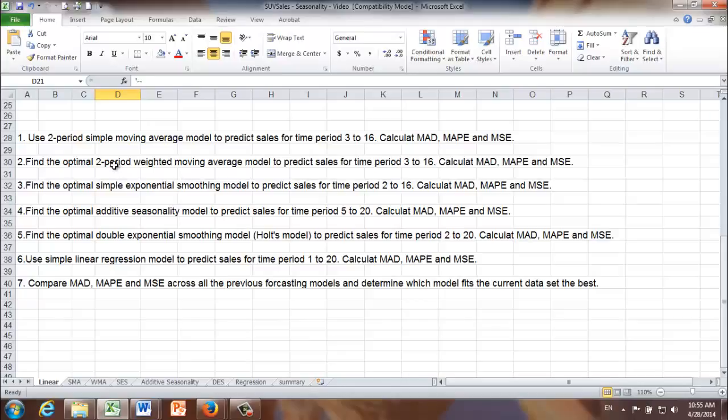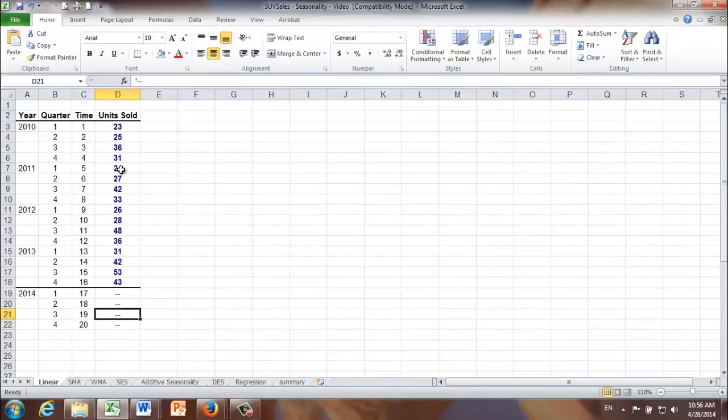For example, 2-period weighted moving average, simple exponential smoothing method, additive seasonality model, double exponential smoothing model, simple linear regression model, and in the end, we are going to compare their MAD, MAPE, and MSE to determine which forecasting method mentioned above fits the data we collected over here the best.